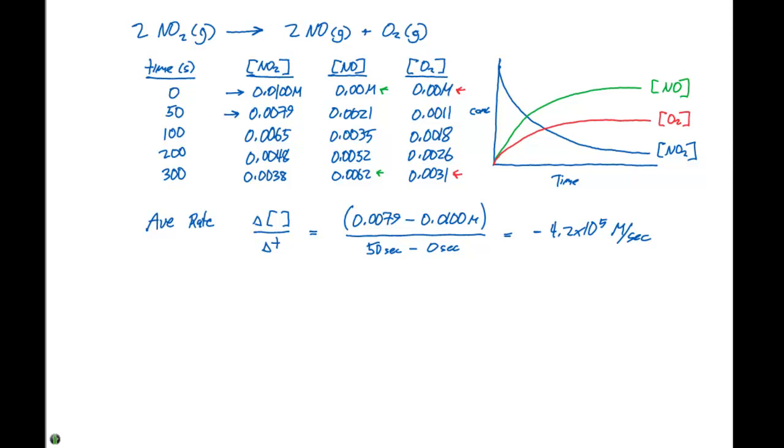There are a couple things that we need to introduce here. First of all, this rate right here is negative. If we look at miles per hour in your car, you really can't have a negative rate. But we use this sign convention here to indicate that this is a rate of disappearance.